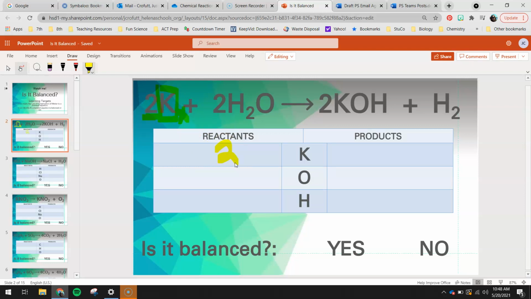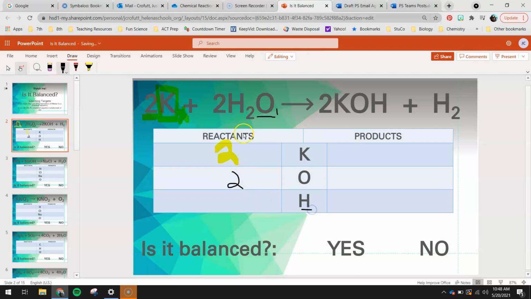You can either click in there to type or you can use your draw tool. That's up to you. And then the next one we have is oxygen. We have oxygen right here on our reactant side, and there's an imaginary subscript of 1 right after that oxygen. But we have 2 molecules of water here, so we have 2 times 1 is 2 atoms of oxygen.